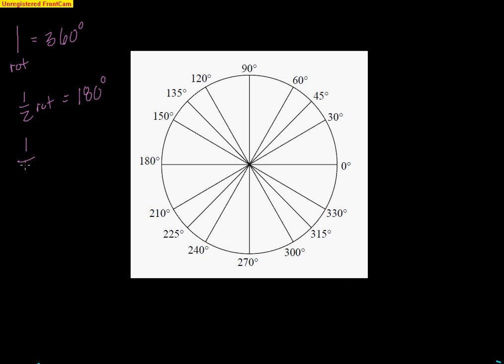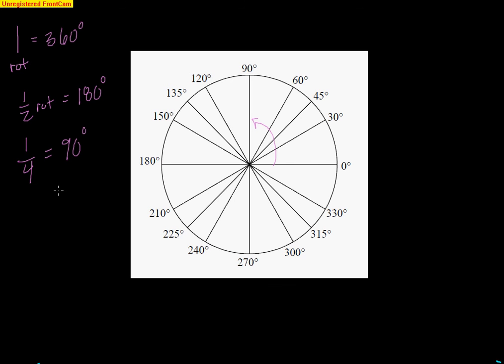90 degrees would be 1/4 rotation. Okay, 1/4 rotation would be 90 degrees. You could also just understand this from looking at the picture. Remember, if I go 90 degrees right here, that is a quarter of the way around the circle, 1/4 rotation. So again, what would 30 degrees be? Well, all you got to do is take 30 divided by 360. You're just trying to find the proportion of 360 that 30 is.